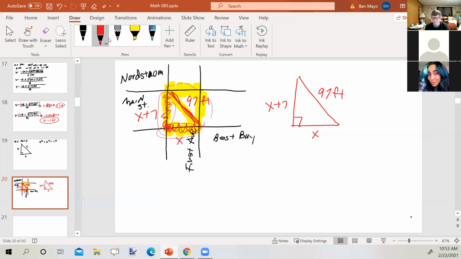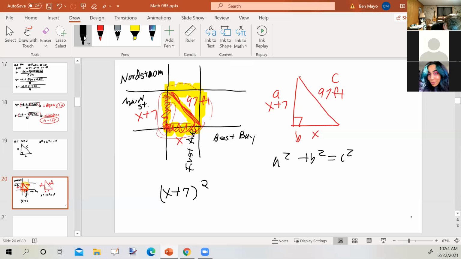Okay? Let's call this A and this B and this C. So using A squared plus B squared equals C squared, we get the following: x plus 7 squared plus x squared equals 97 squared. Any questions how I got there?